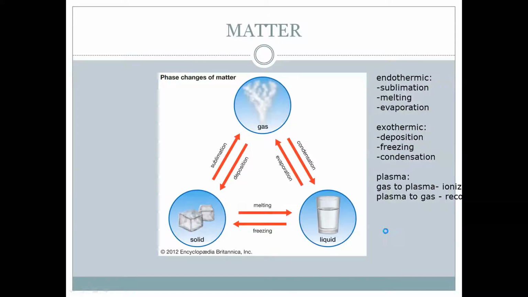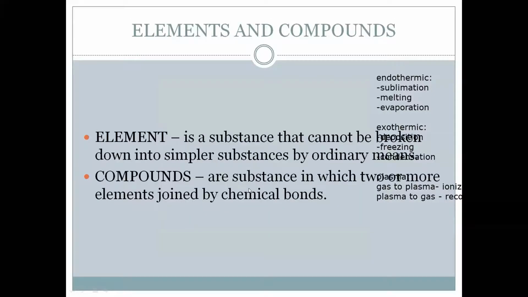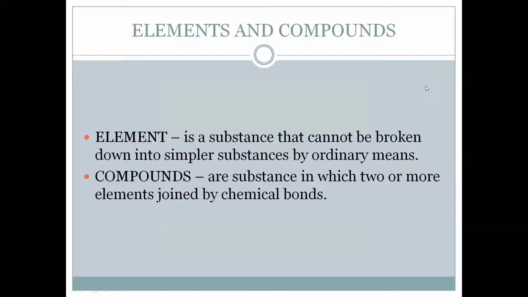All right. Let's go to the next one, which are the elements and compounds. So, we're just going to differentiate that. Elements are those that are found in our periodic table. So, they are simpler substances by ordinary means. So, it occurs naturally. Okay? Like, nandyan na talaga siya.